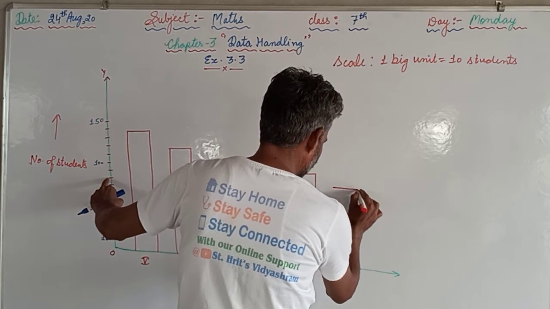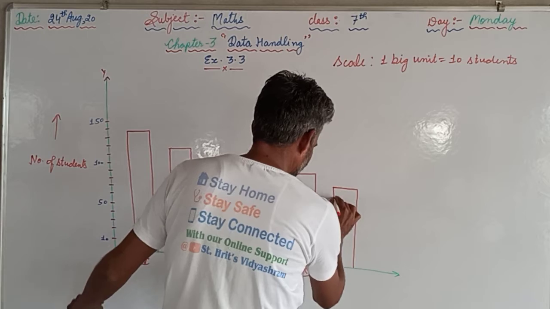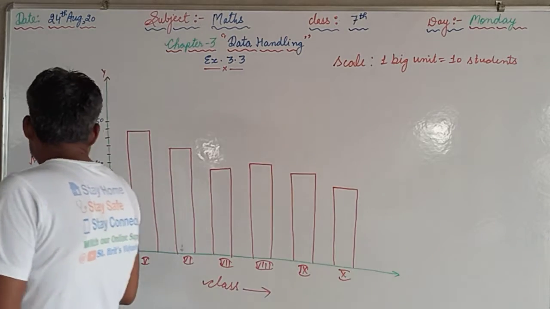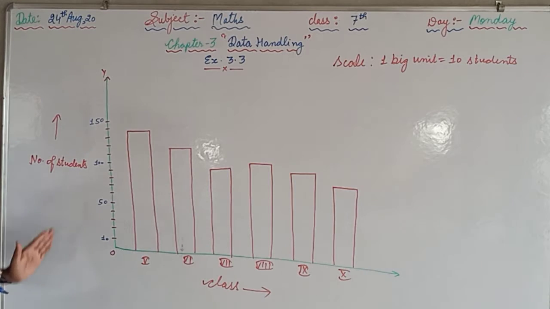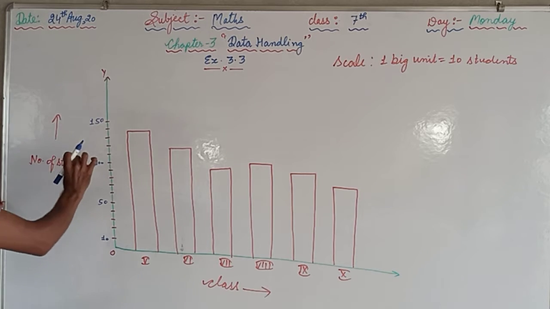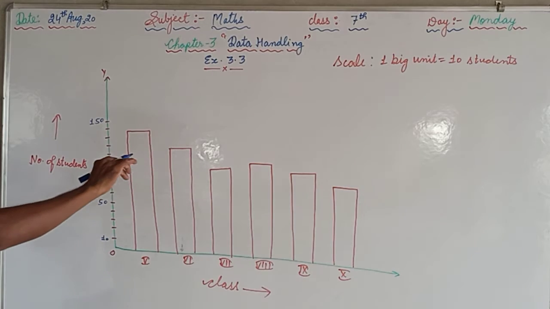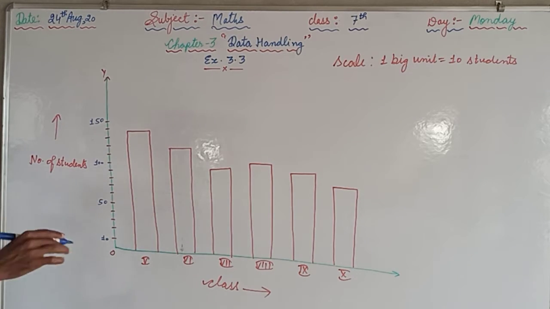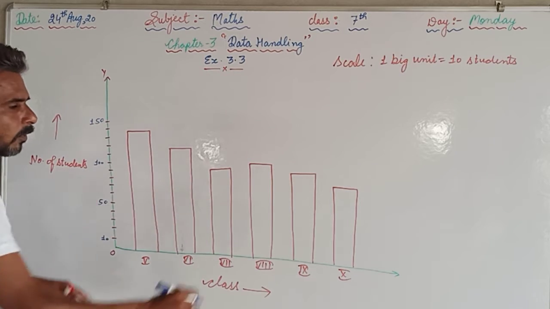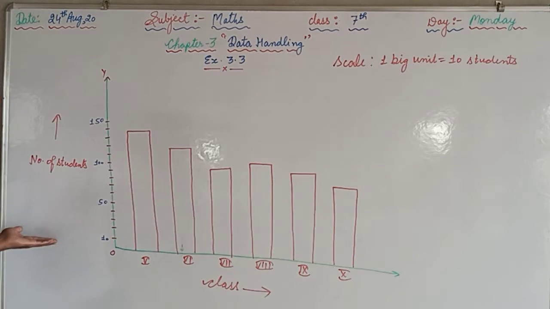So that will be like this in 10th. From the vertical axis you are supposed to find out the number of students, and the lines are there. There is no need of estimation. Exact lines are there. You can mark there and draw these bars and your graph will be ready.